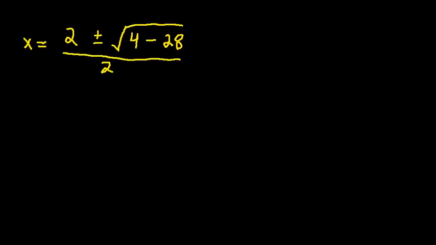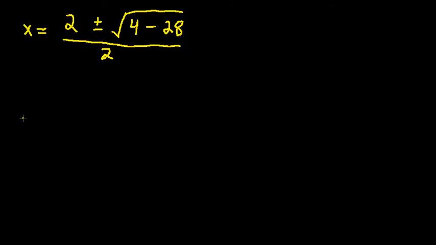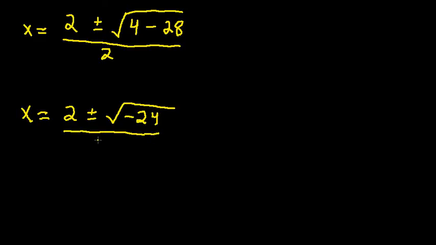Okay, now we'll simplify this a little bit. X equals, again, 2 plus minus the square root of, this is negative 24, again over 2. I just changed the stuff inside the root.